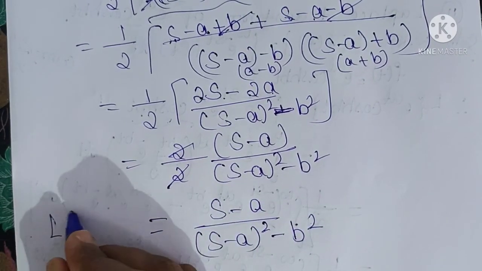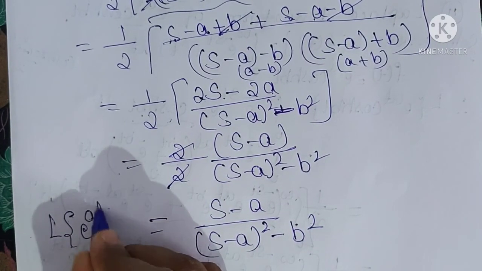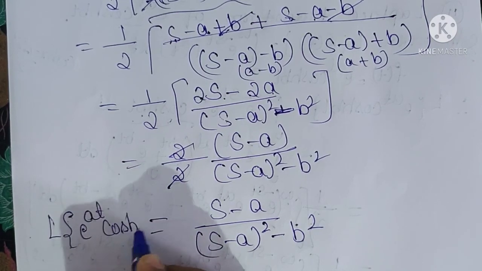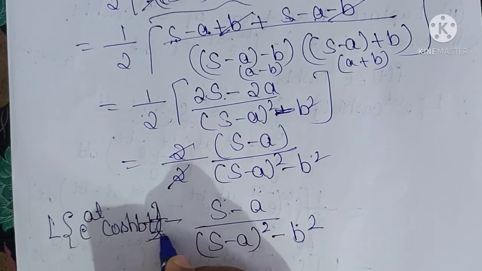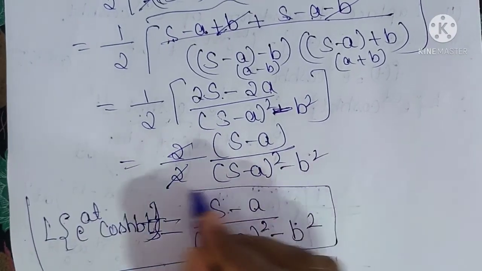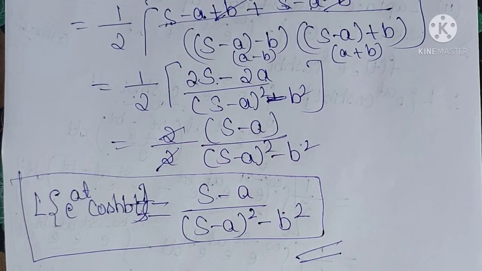This is the Laplace transform of e^(at) cosh(bt). Hence the solution. There are still 3 more standard functions that I'll explain in the next class.